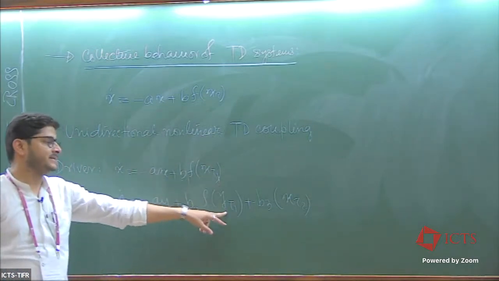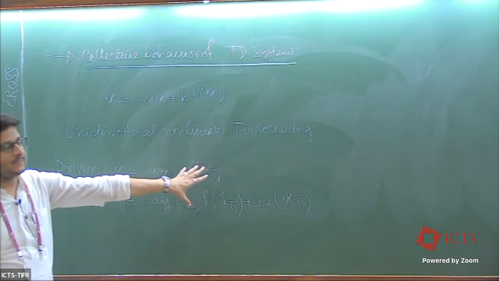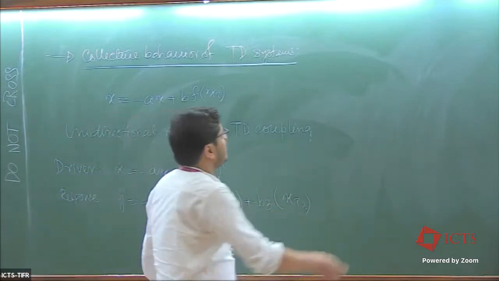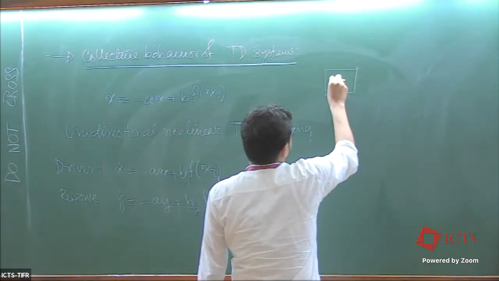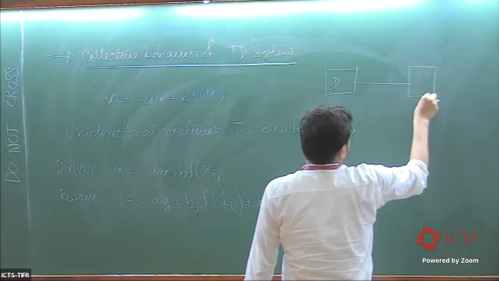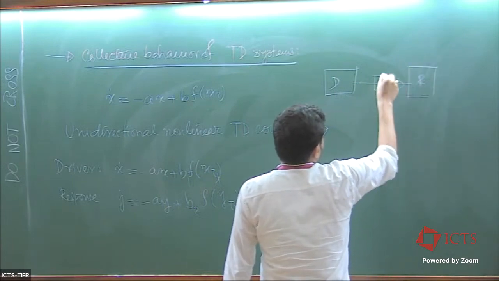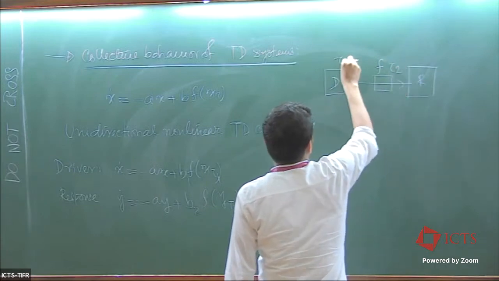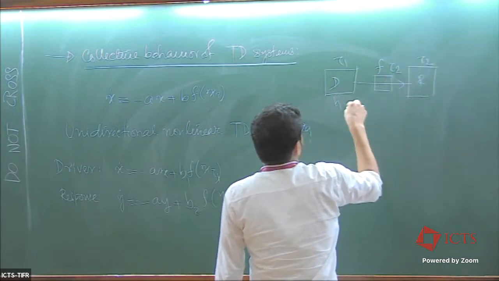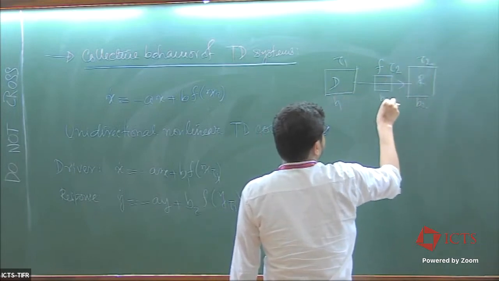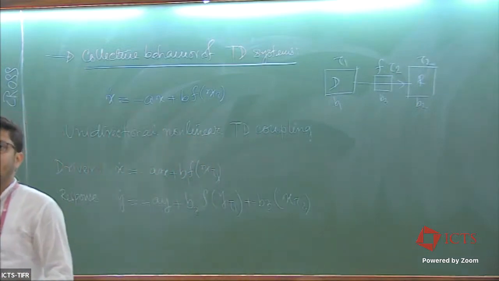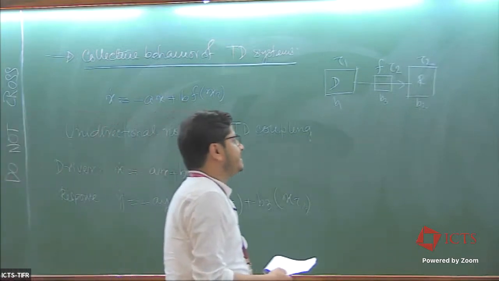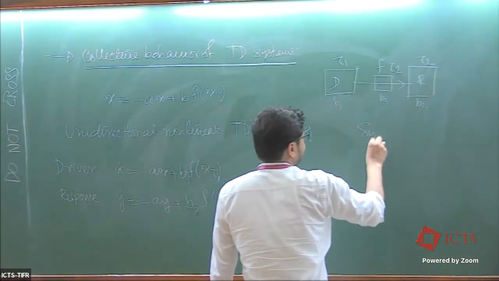One is tau 1, that is inherent delay in the system, and another is the coupling delay. So this one is the driver system and this one is the response system. We have applied some nonlinearity and delay tau 2. Here tau 1, here tau 2. Here the constants b1, b2 and here b3. So this type of coupling can make some interesting coupled behavior relating to synchronization.